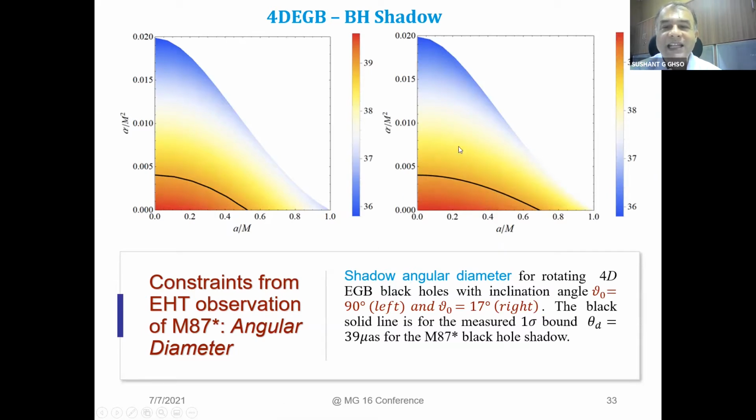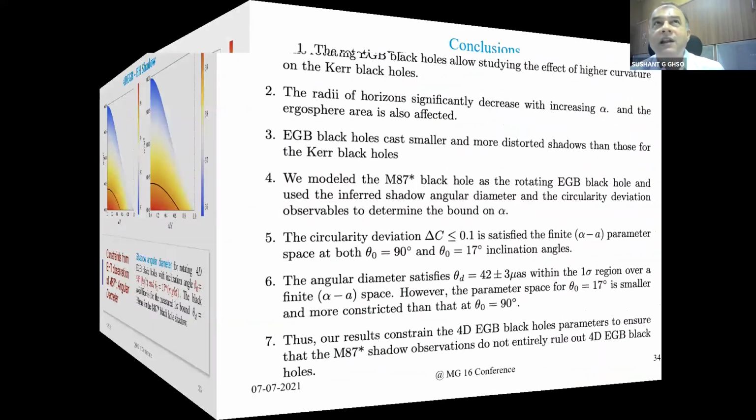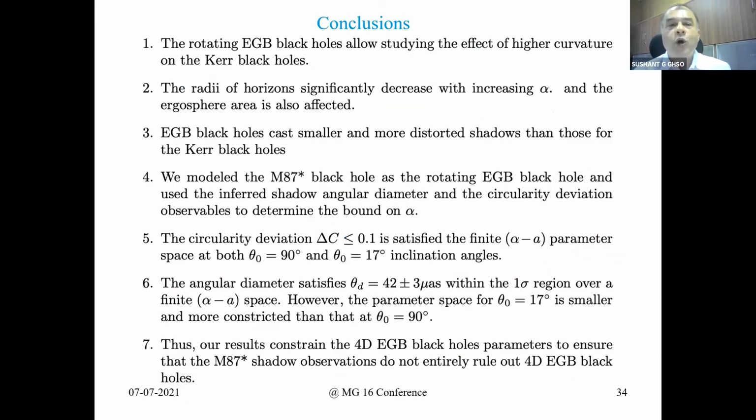We can see that there are many constraints, but still there is a finite space satisfied by 4D EGB for both 90 degrees and 17 degrees. Both should be satisfied, the angular diameter as well as the circularity deviation. So we can say that the four-dimensional EGB black hole in a finite parameter space is consistent with the Event Horizon Telescope.